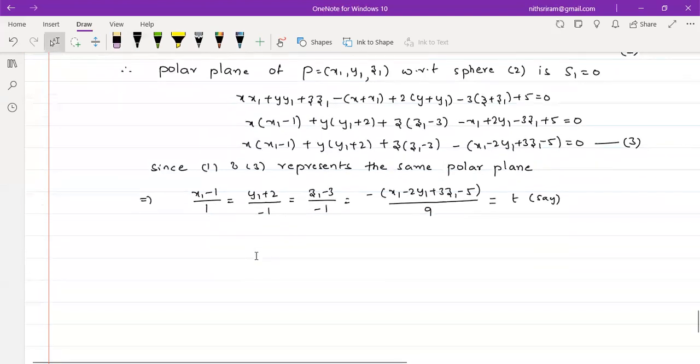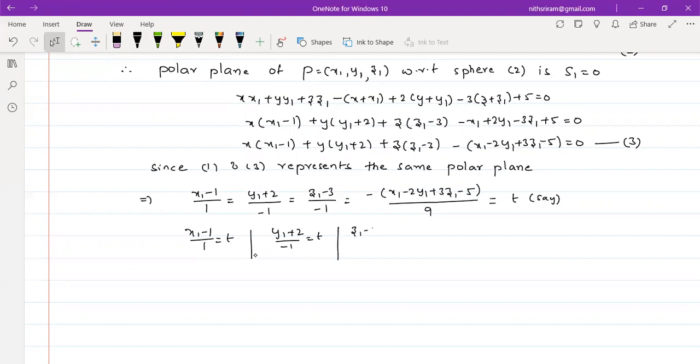From this, we can write (x1 minus 1) by 1 is equal to t, (y1 plus 2) by minus 1 is equal to t, (z1 minus 3) by minus 1 is equal to t, and minus of (x1 minus 2y1 plus 3z1 minus 5) by 9 is equal to t.